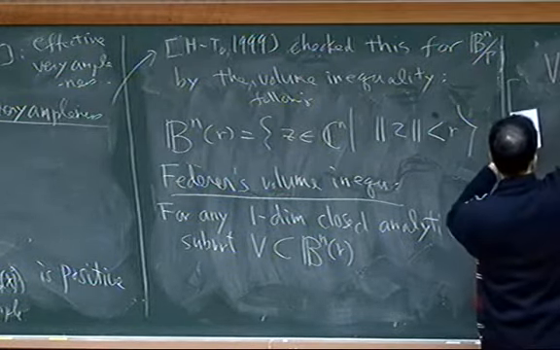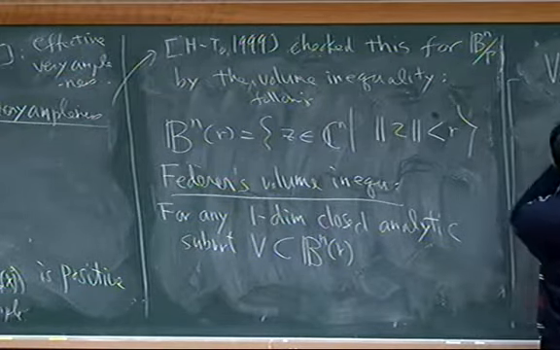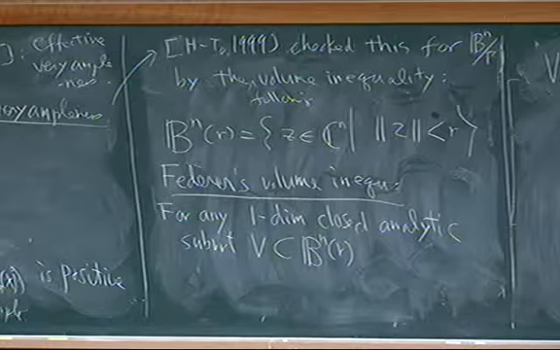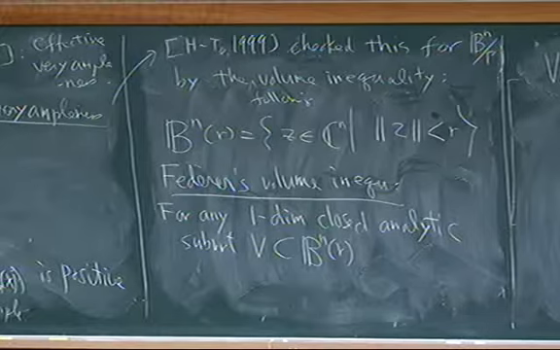The volume, with respect to the Euclidean metric, of the one-dimensional variety V is at least the multiplicity of the variety at the origin times the volume of the one-dimensional ball. That's the inequality.